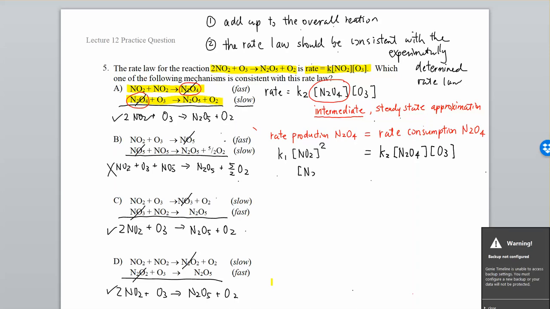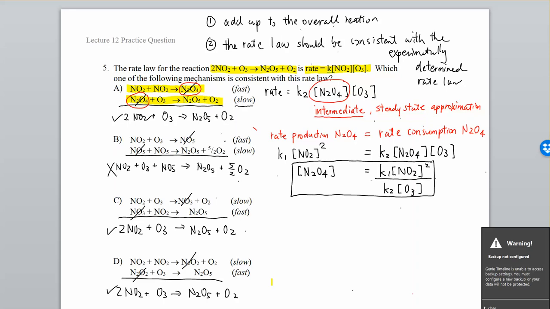So the concentration of N2O4 is equal to k1 times NO2 squared divided by k2 times O3. This is my new expression that allows me to calculate N2O4 in terms of the concentrations of reactants that can be more easily determined.